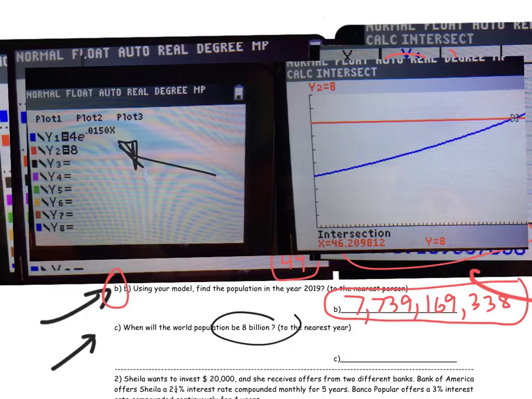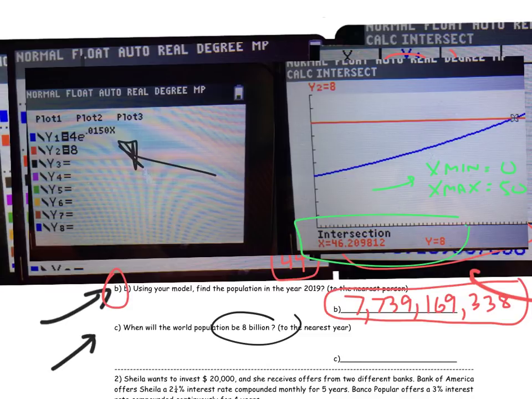You're going to have to adjust the viewing window, though, to get that point of intersection. Before, the x-min and the x-max went from -2 to +2 to find your k value. Here I went from 0 to 50 for my x-min and my x-max because I saw in the table that it was about 40-something years away, and 40 is in between 0 and 50. The y-max of 10 still works.